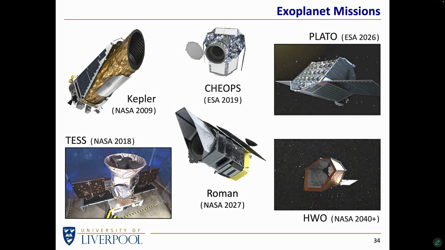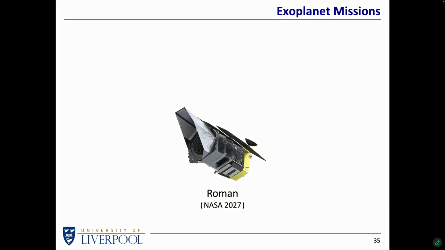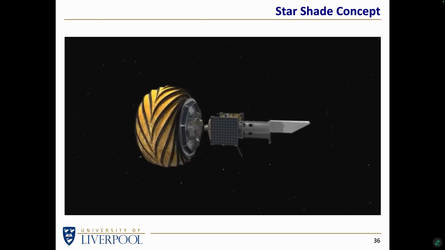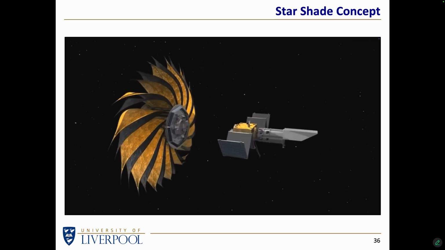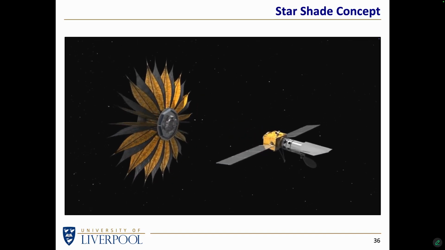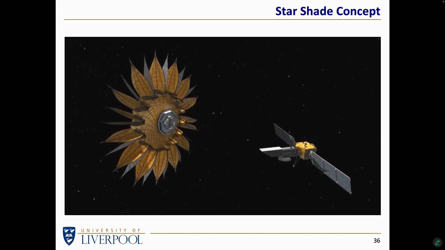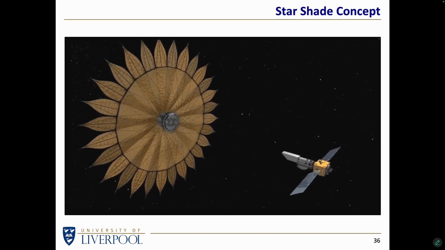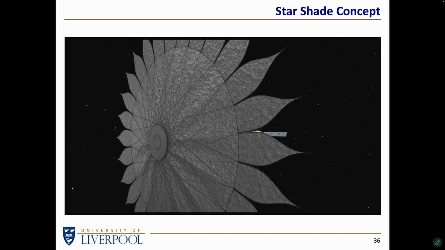The one in the middle bottom there, Roman, let's just have a closer look at this. I said earlier that some telescopes will be directly imaging star systems and exoplanets by blocking out the light from the star itself and then looking for the exoplanets. That can be done with a disk inside the telescope, but one rather novel idea is they might also launch a star shade separate from the telescope itself. They'll detach the star shade, which will then unfold into a huge flower about 100 meters in diameter.